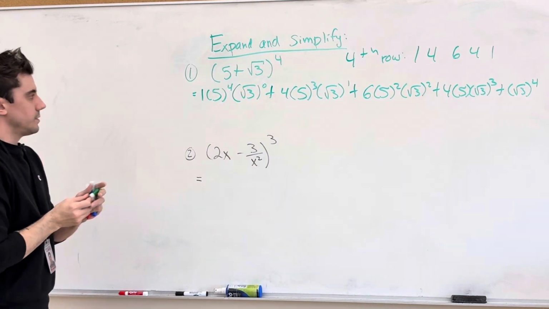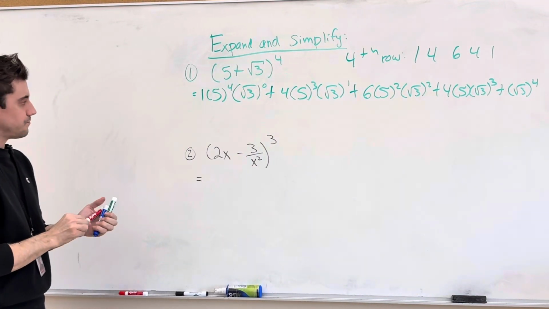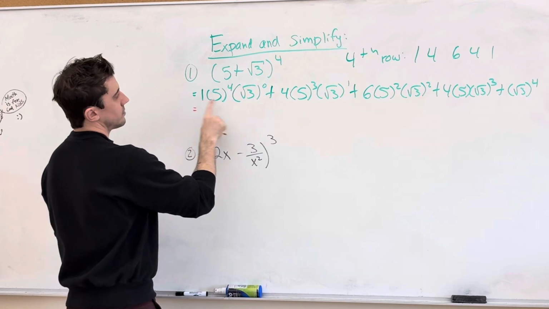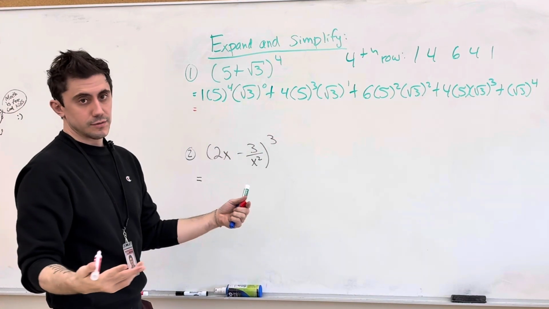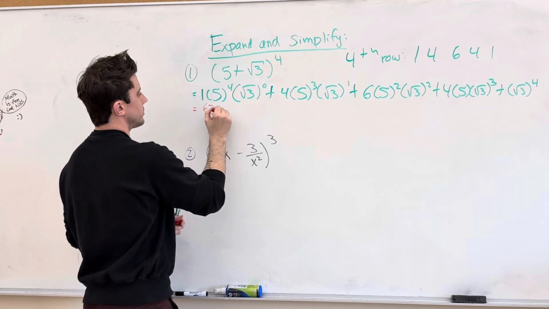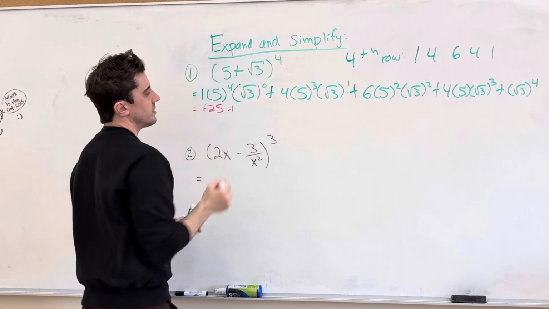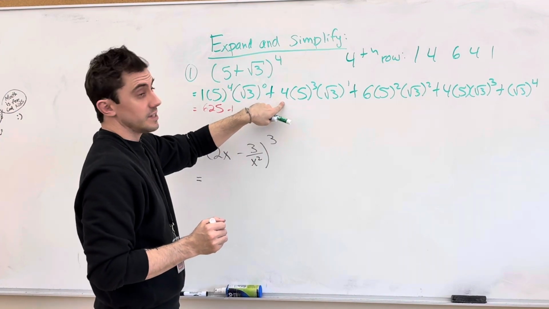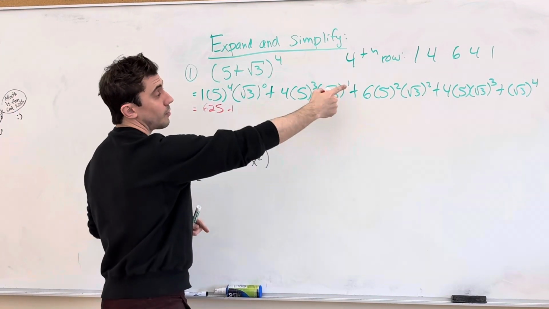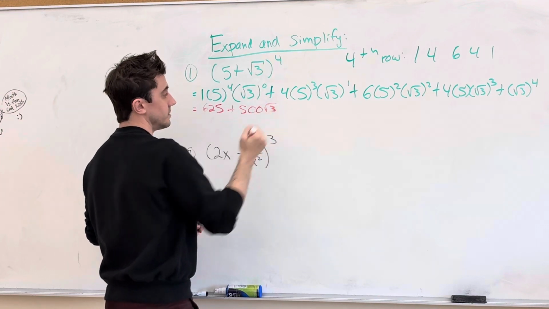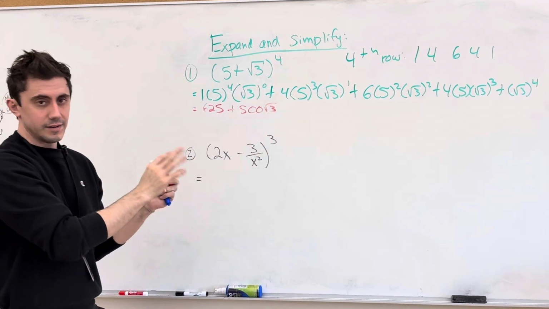And now we hope to simplify everything down. So our first term has root 3 to the power of 0. Anything to the power of 0 is 1, and so all we have is 5 to the power of 4. That is 625, plus 4 times 5 cubed, which is 125 times 4 is 500, and root 3 to the 1 is just root 3, so that is 500 root 3, and we leave it as a radical, right?